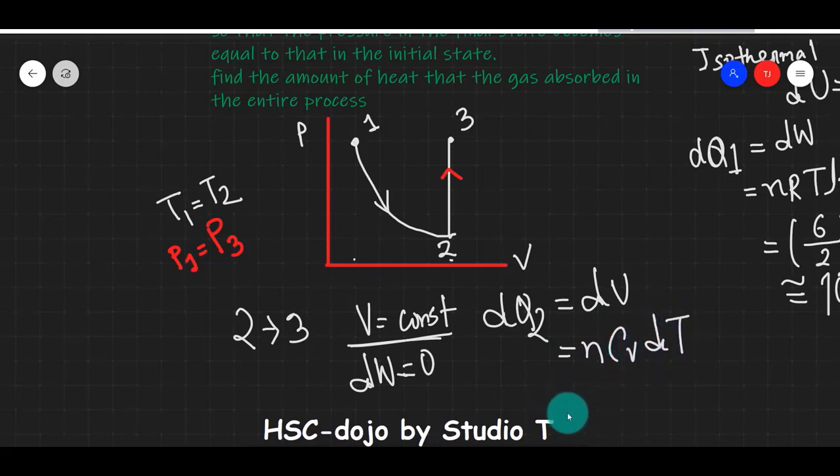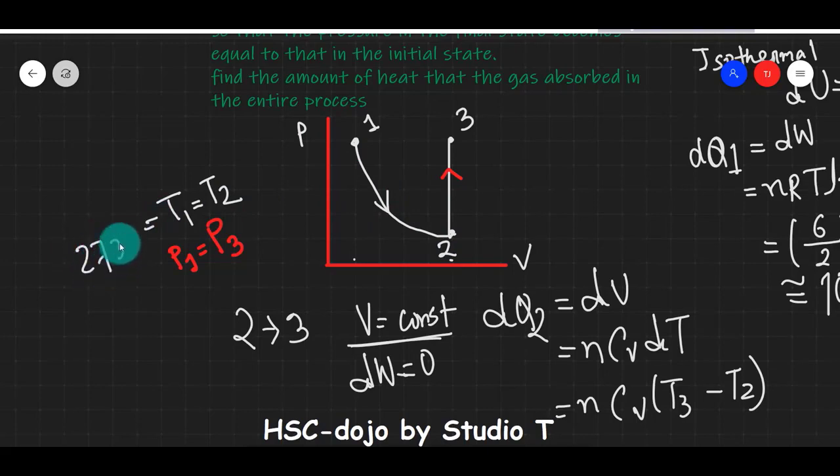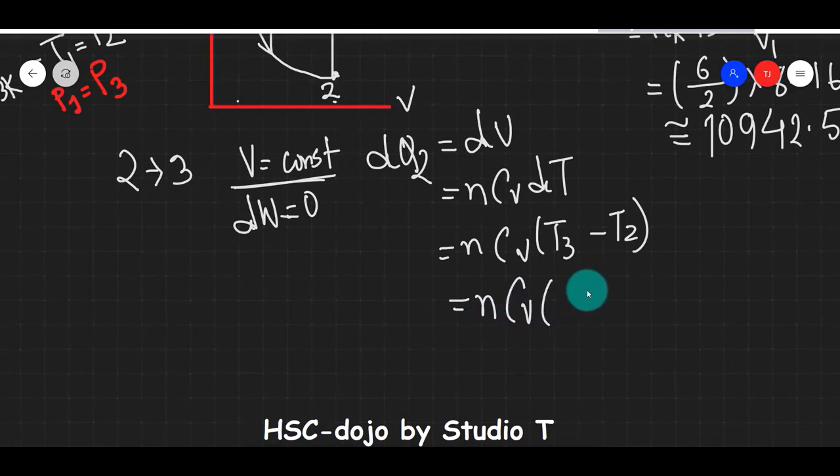So here dT is, look, it starts from 2 and ends at 3. That means dT will be T3 minus T2, and we already know T2 is T1 because 1 to 2 was an isothermal process, and that was 273 Kelvin. So we can write this as T3 minus T1. So now we have to find out T3.